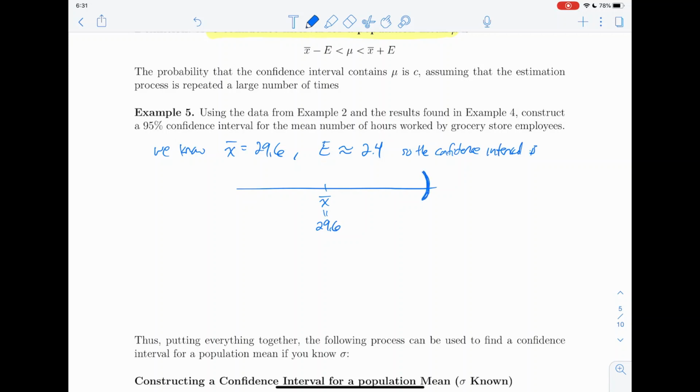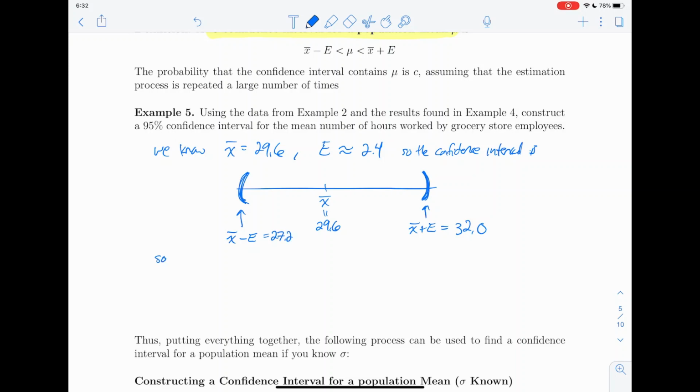We're going to put at the center of it X bar, which is going to be 29.6. And then to the right of that, we're going to build a point, which is, by definition, X bar plus E. And to the left of that, we're going to build another point, which is going to be X bar minus E. When we know X bar and E, we can actually compute these values. The rightmost one is now going to be 32.0, and the leftmost one is going to be 27.2.